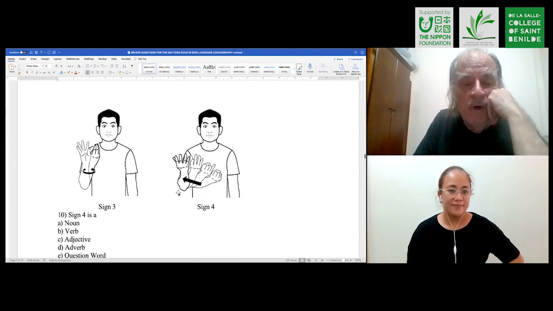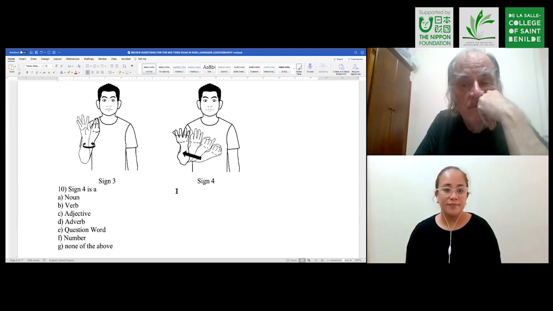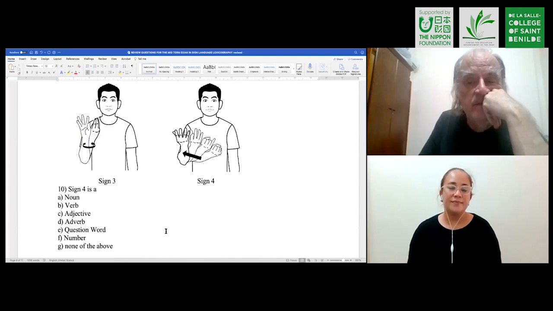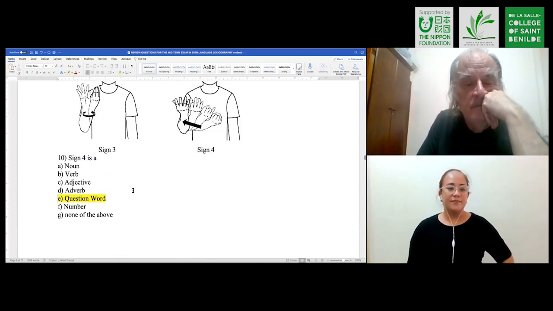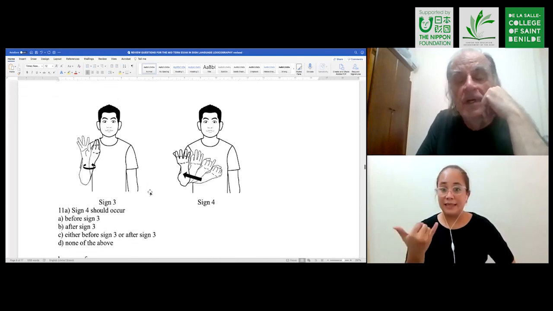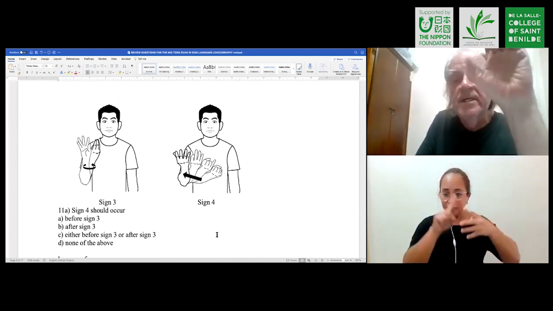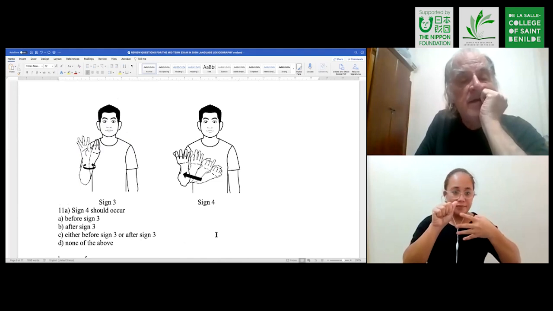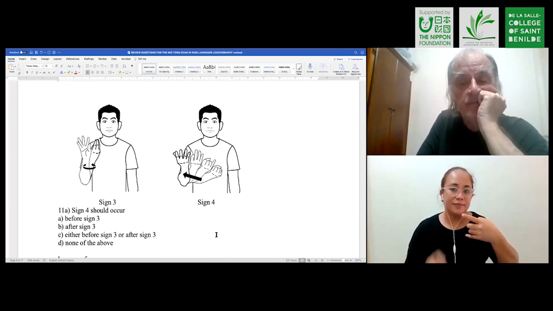And sign 4 is E. E, again. Now, again, divided into 4 different types, A, B, C, D. Sign 4 should occur before sign 3 or after sign 3.